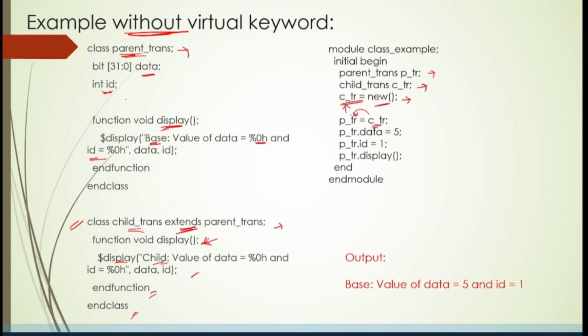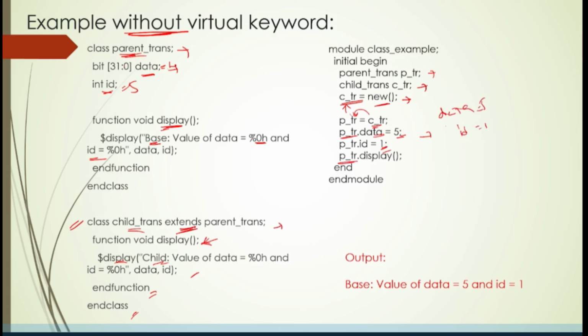Even though my parent class has some values like 4 or 5, since I am overriding them with 5 and 1, everything is overridden. Like 5 and 1 are the actual values present at present: data as 5, and id as 1.